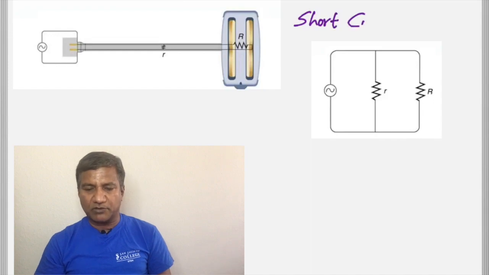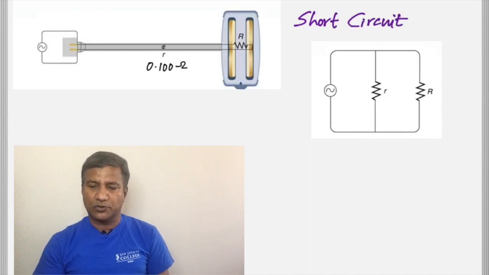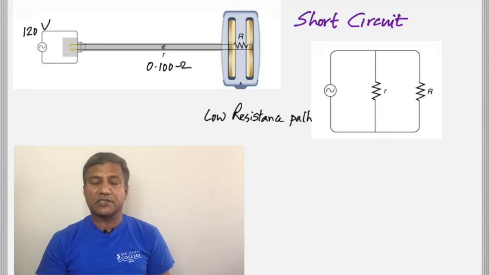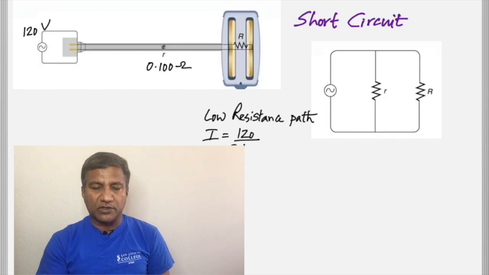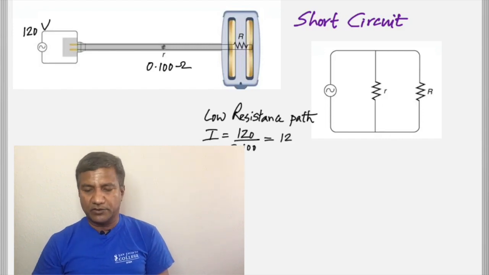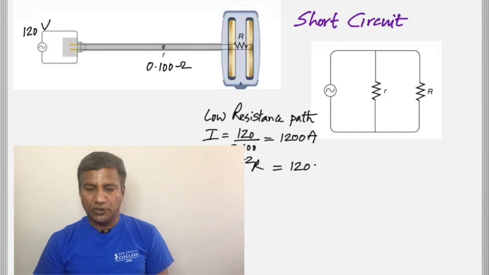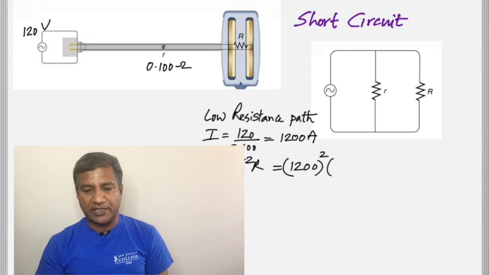So let's make some calculations. Here is the electrical circuit. The actual path should have been this, but now the short path is this one. The short circuit resistance is assumed to be 0.1 ohm. If it's a 120 volt generator, we're going to get a huge current. The current is 120 divided by 0.1, which is 1200 ampere.